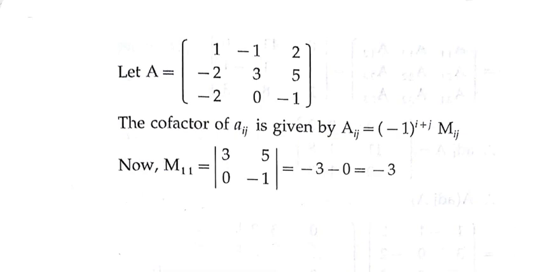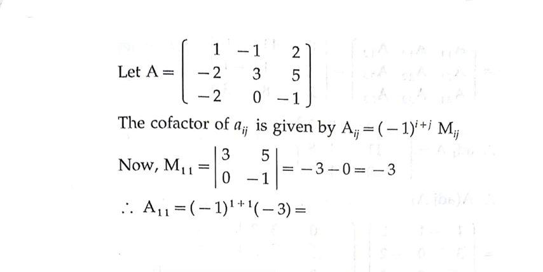Now we are going to find the cofactor A11. Therefore A11 is equal to minus 1 raised to 1 plus 1, because we are finding the ith row, jth column, that is, i is equal to 1, j is equal to 1. Because of that, we substitute 1 plus 1 into M11, and the value of M11 is minus 3.